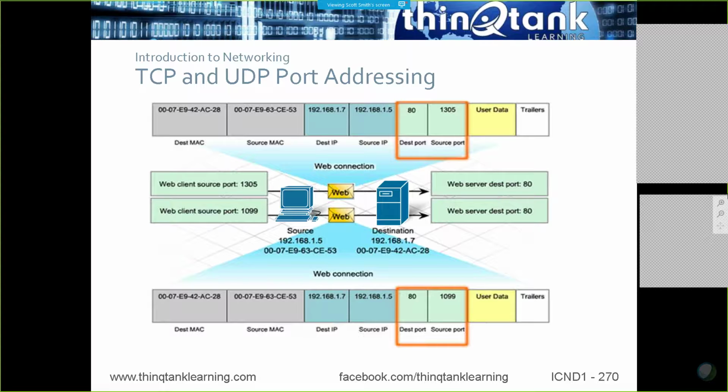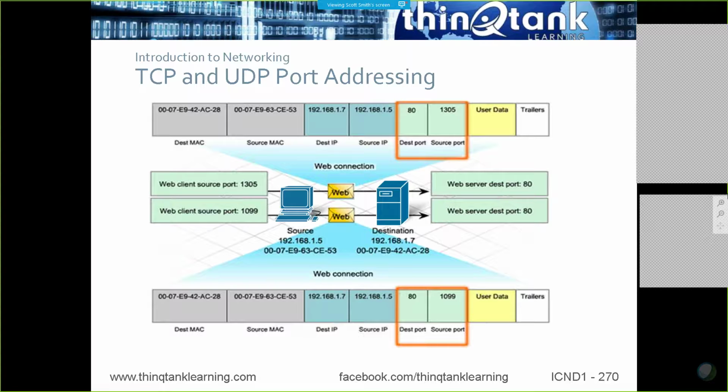I open up a web browser on that PC and I go to 1.7, let's say it's serving a page. If we look at the top conversation, the destination MAC is AC28, the source MAC is CE53. The destination IP is 1.7, the source IP is 1.5.